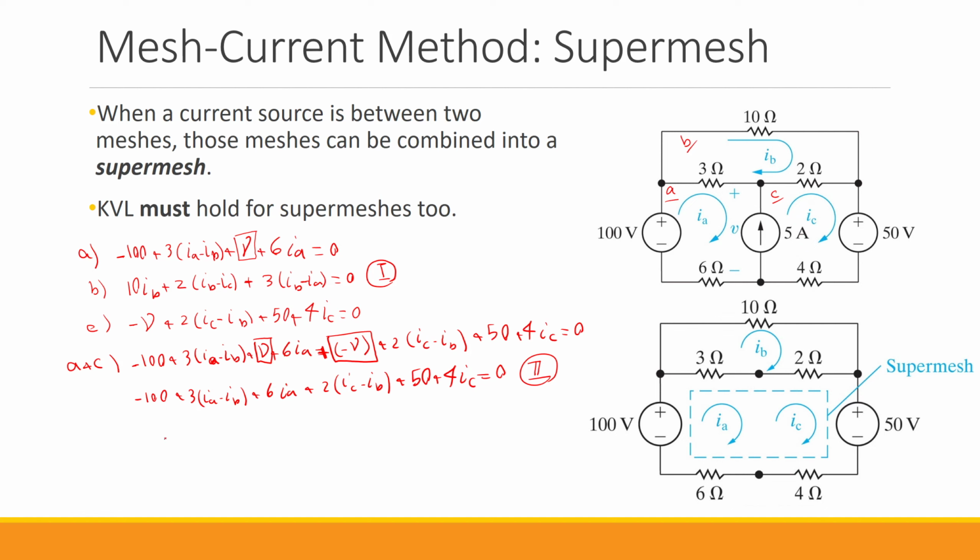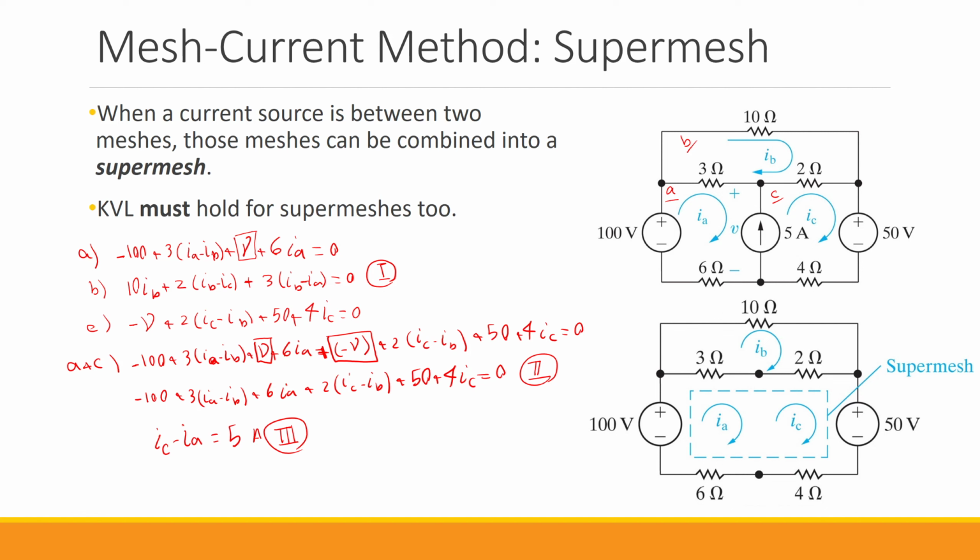So because of that, we can have IC minus IA equal to 5 amps. And this will be the third equation that we need to write in order to be able to solve this circuit.